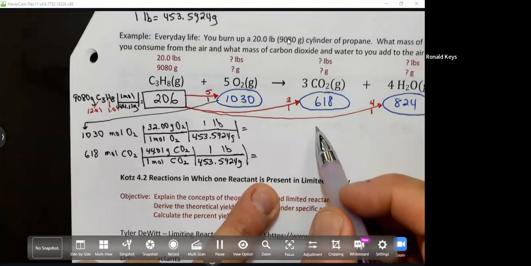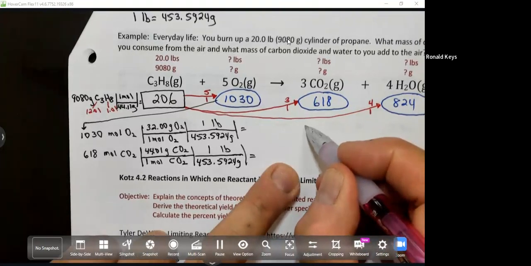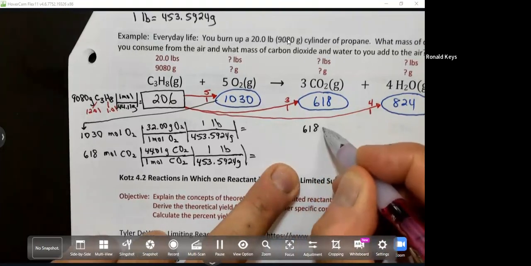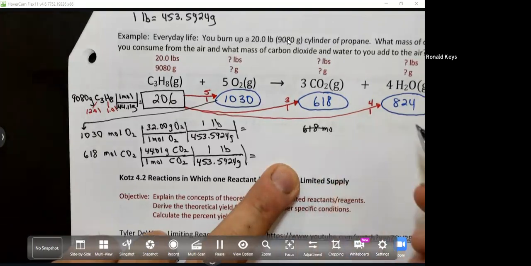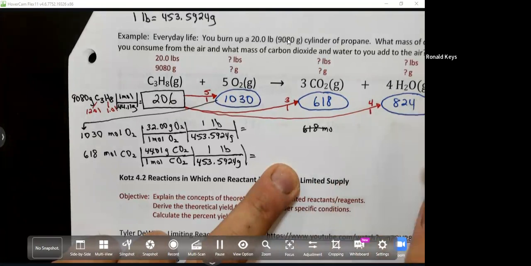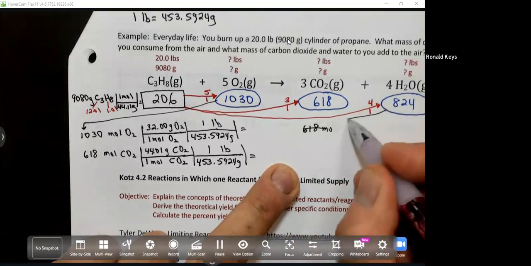Drop down our other moles right here. We've got 824.